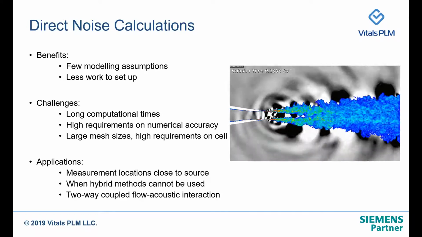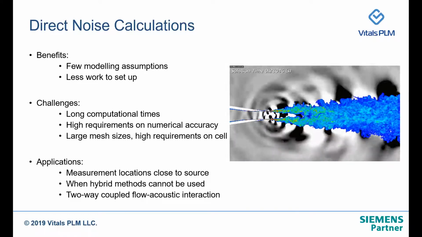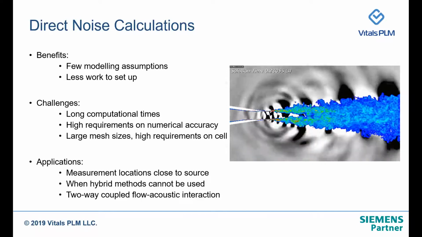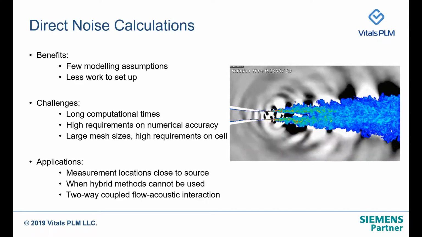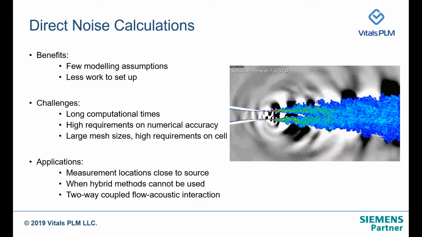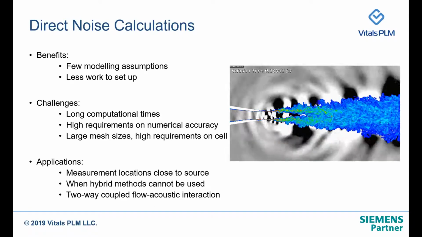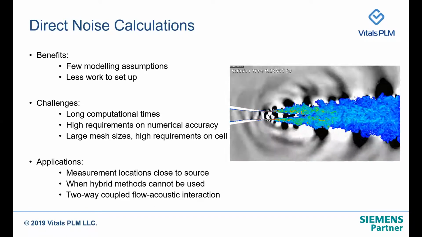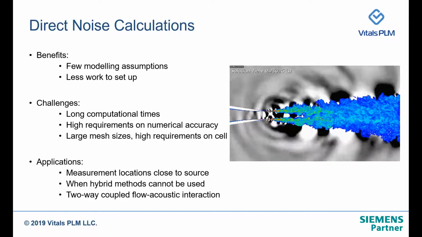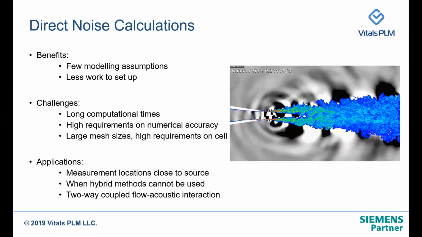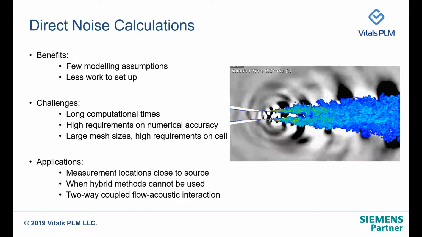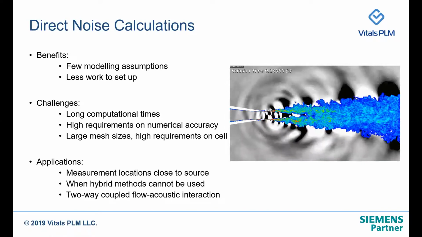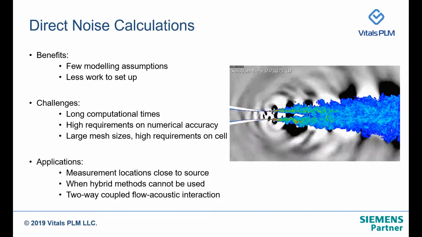And it requires high numerical accuracy, meaning that it requires at least a second order numerical scheme for time discretization and the convection term. And it involves large mesh sizes, which means it requires a huge number of cells to localize and characterize the sound sources, along with high cell quality.